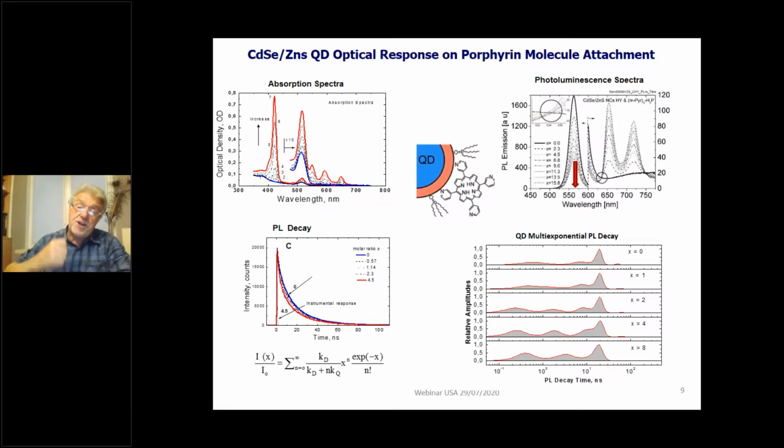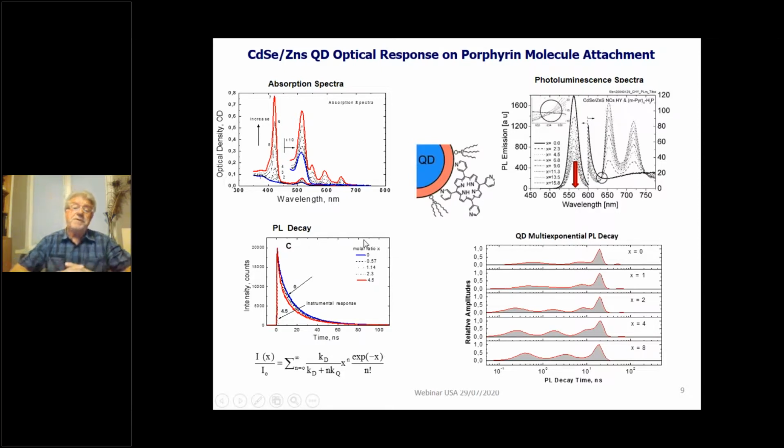Typically, when we attach a porphyrin molecule to quantum dots through the interaction of nitrogens with zinc atoms of the surface, upon titration we observe an increase of porphyrin bands in the absorption spectrum, and in addition we observe strong photoluminescence quenching of quantum dots. The intensity becomes smaller, and we observe photoluminescence decay shortening.